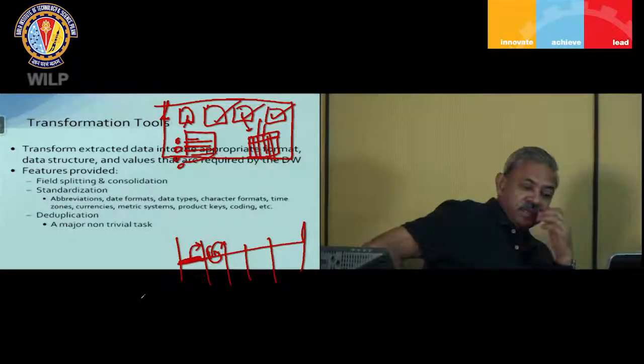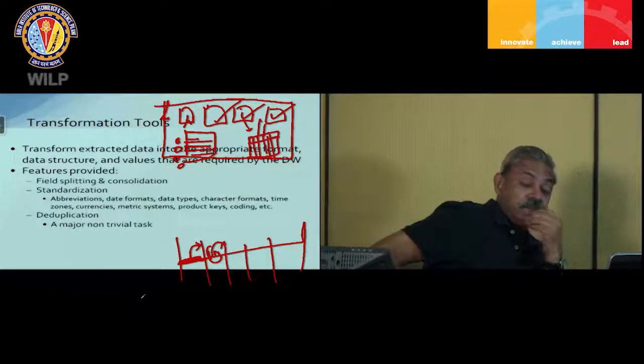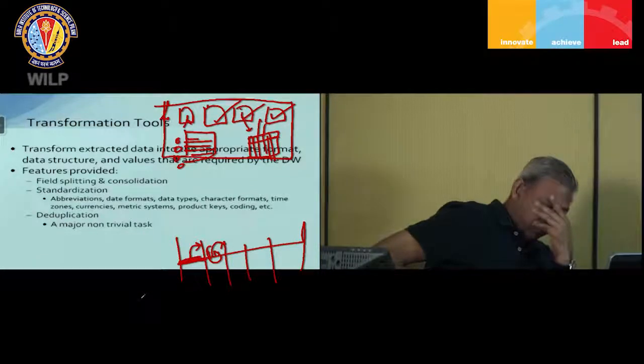Features provided are field splitting and consolidation. Sometimes I may want to split a field into a couple of fields, for example address. I would want to split it into atomic data so that I know what city you come from.